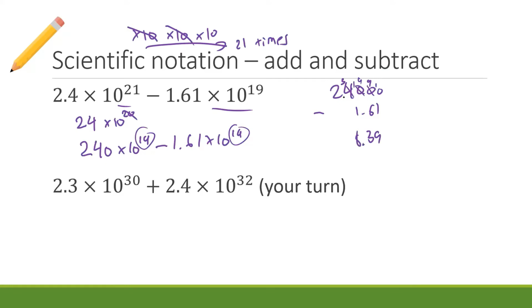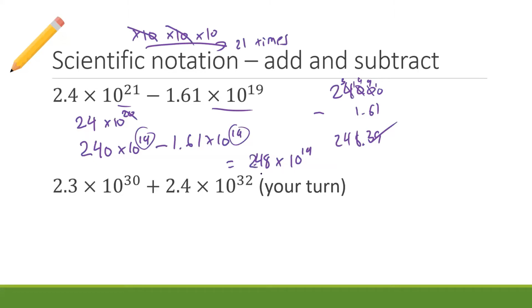And then, yeah, you've got 248.39. So the answer becomes 2.48 times 10 to the power of 19, and I've rounded it because it just dropped this stuff at the end. It doesn't matter too much.